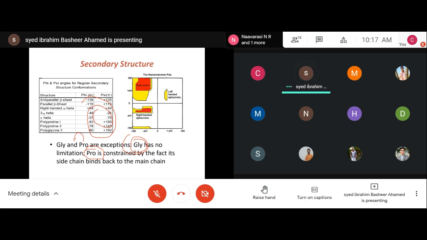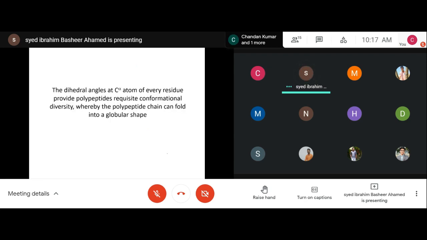Since it makes a ring kind of structure, you have to be very careful about the phi psi angle of proline. The dihedral angles of the C alpha atom give different three-dimensional conformations for protein structure.